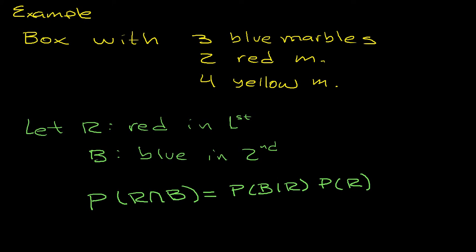So the probability of having a red marble in the first draw is just 2 out of 9, right? Since we have 2 red marbles and all of them add up to 9, so 2 out of 9. And now we're going to compute this second probability.